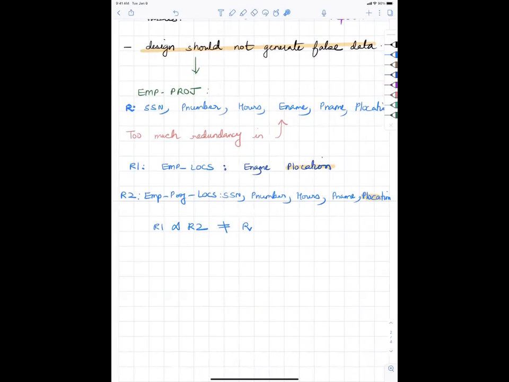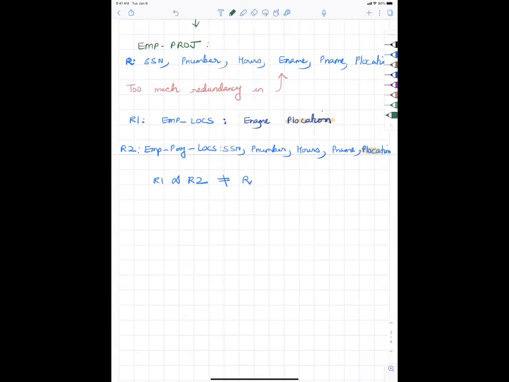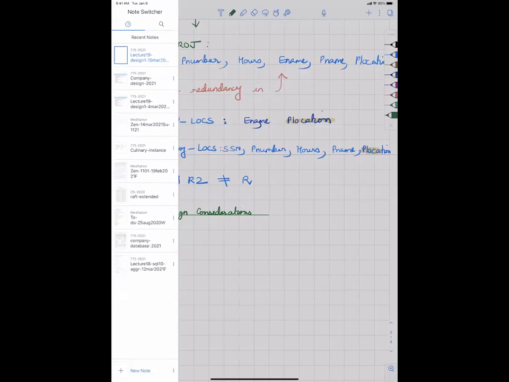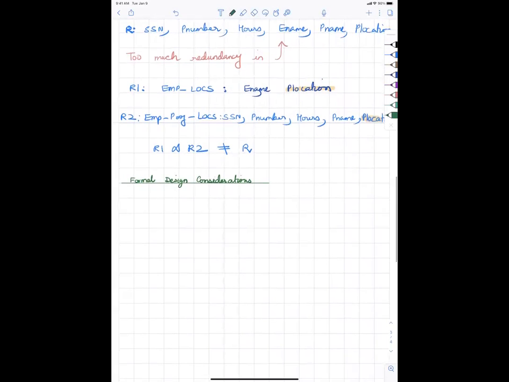So now I'm going to move on to formal design considerations. I'm going to do the various steps for this one.